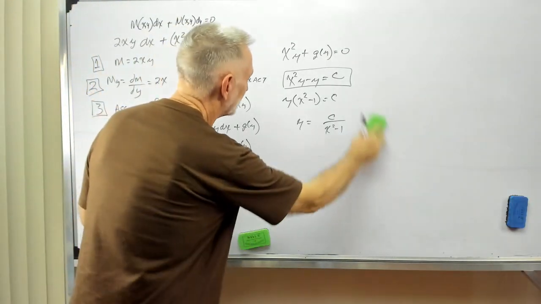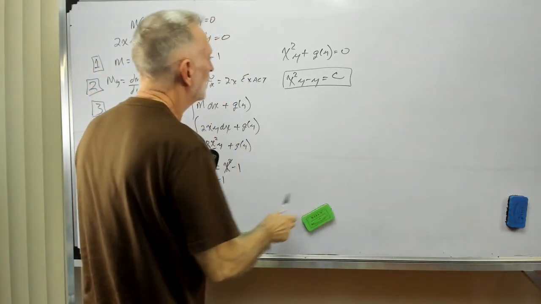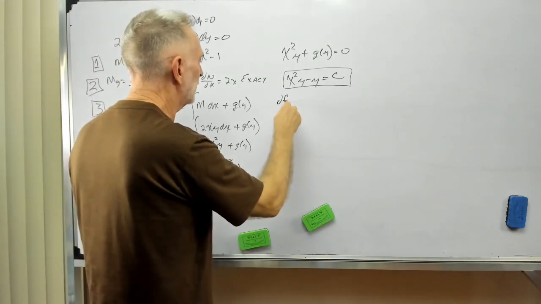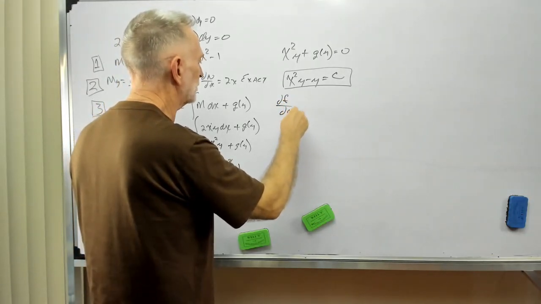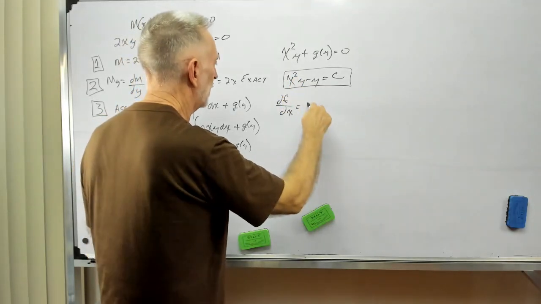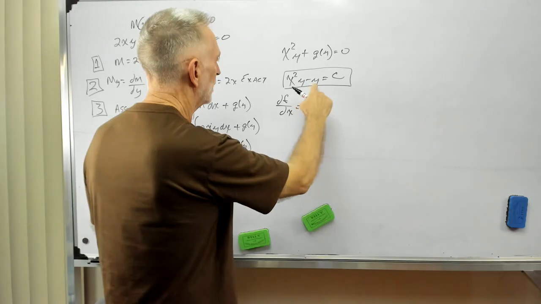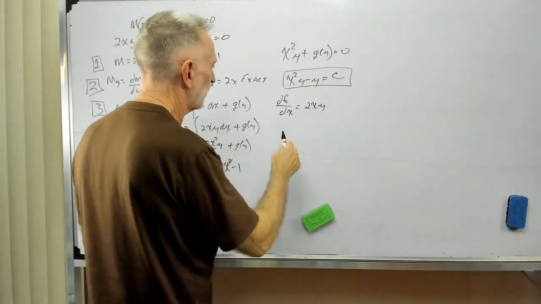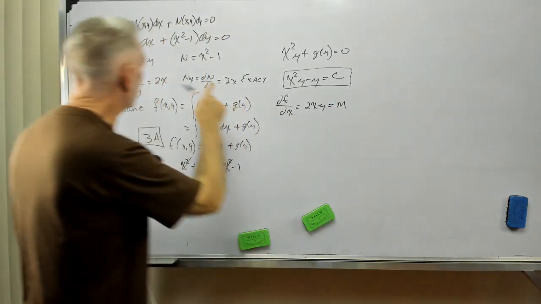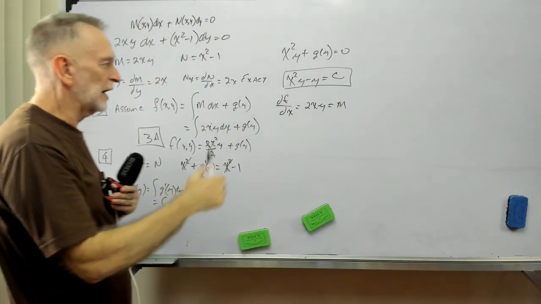Hey, let's try that. All right, let's take the partial of f with respect to x. With respect to x, that's 2xy, and the rest of that's 0. And that should equal M. Oh, M is 2xy.